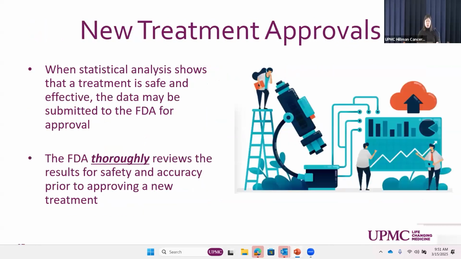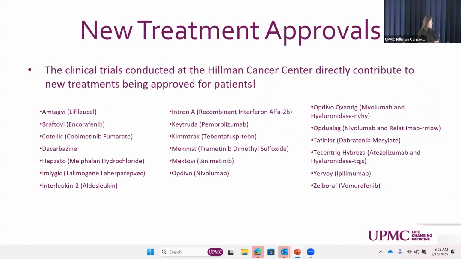This leads to new treatment approvals. When statistical analysis shows the treatments are safe and effective, we submit for FDA approval. The FDA has a very, very thorough process for reviewing data. They'll come on site and confirm we followed the protocol and the data that was entered was accurate. And then ultimately, hopefully we have new treatments approved.